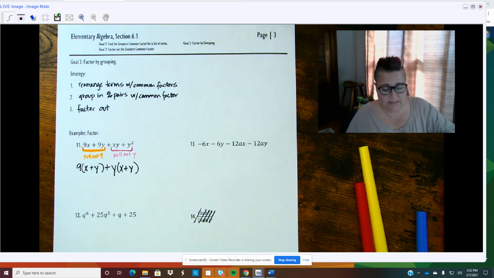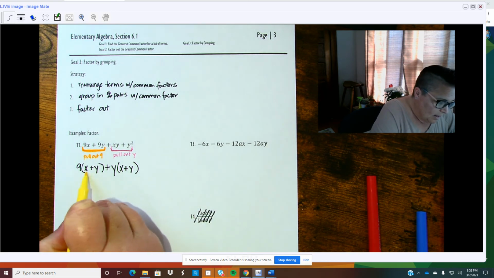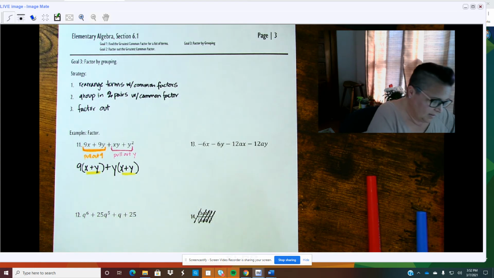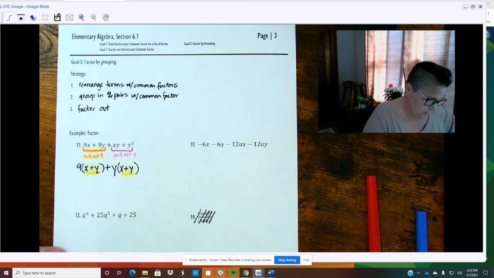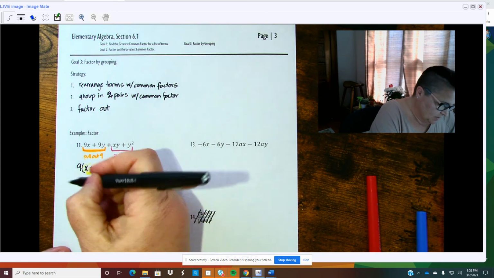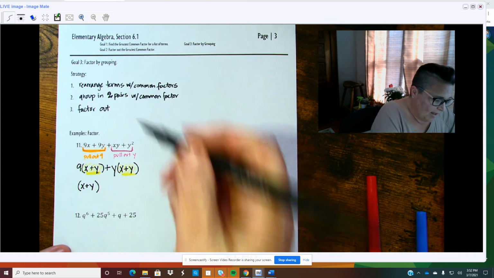This is a perfect situation. Because now that I've factored out that 9 and that y, I see that what I have here is the same in both of those. So I can take that x plus y and I can factor it again.